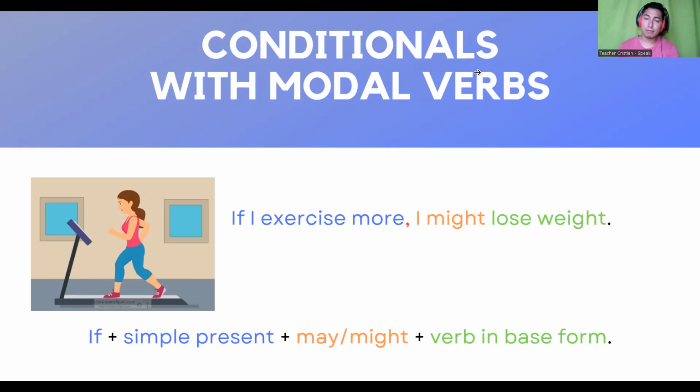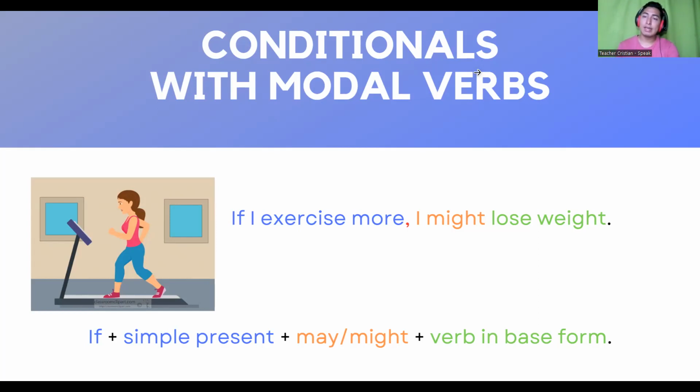The first sentence is using a modal verb. Now we are not using will, even though that is the common structure in the first conditional. Remember that in zero conditional, we always use simple present plus simple present: the if clause uses simple present, and the main clause uses simple present.